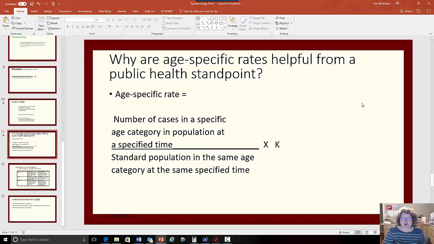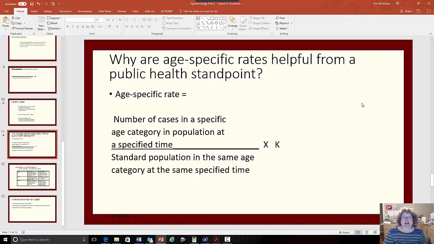And it's very important when you use these rates to notate this is an age-adjusted rate, or this is a rate adjusted according to gender. It can be adjusted according to various things. A specific rate is an actual rate.